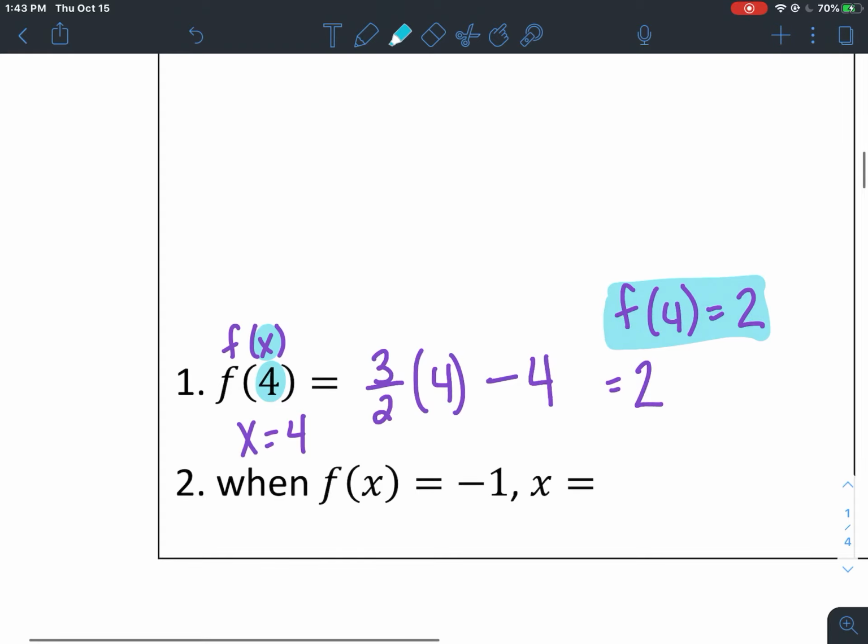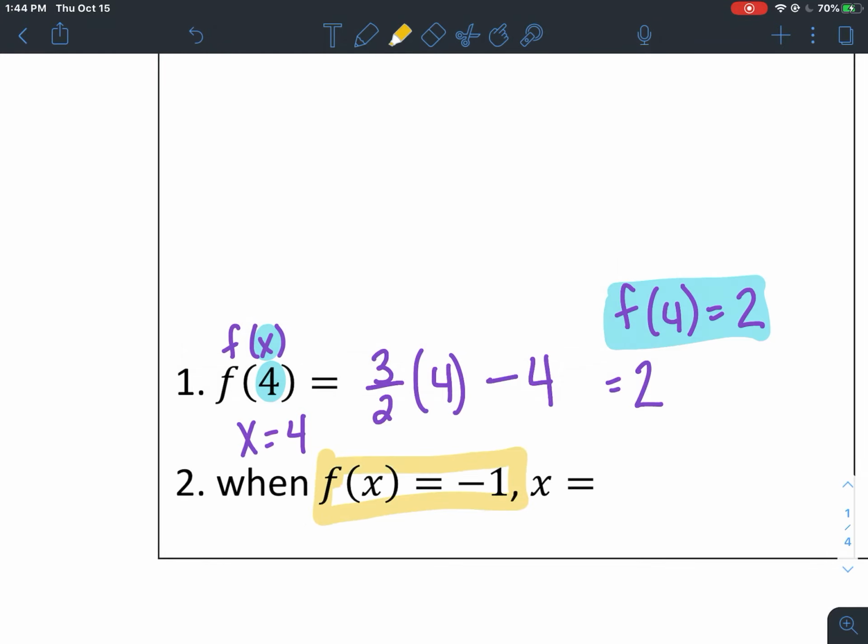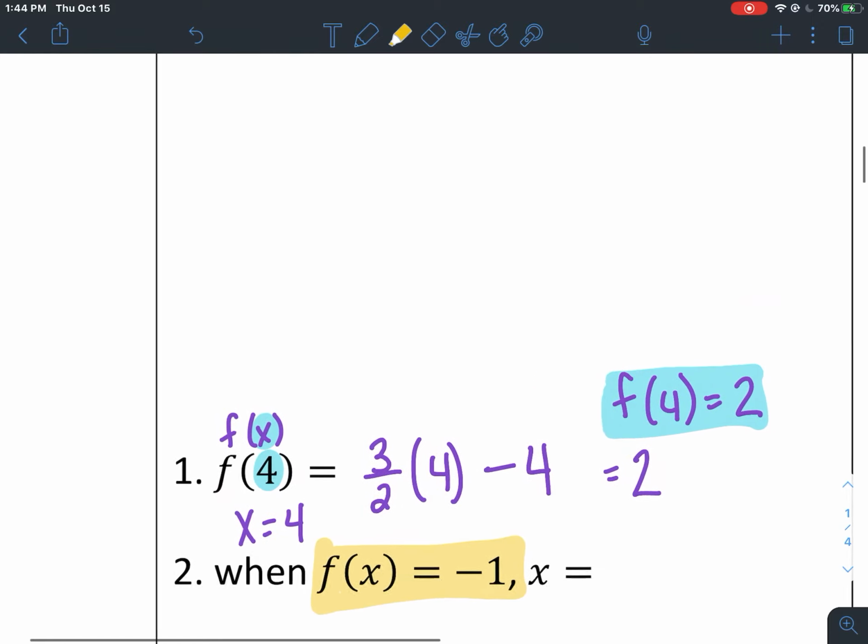And then the second one, when f of x equals -1. So f of x equals -1, what will x equal? I'm going to replace, let me change colors here, f of x with -1, just like if m equaled -1 I'd plug it in for m.